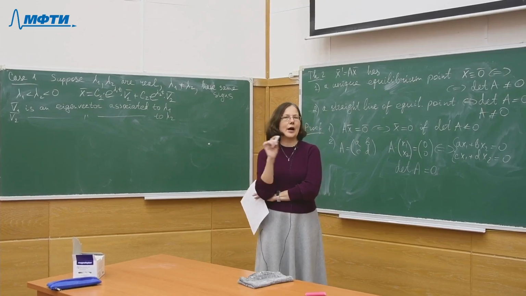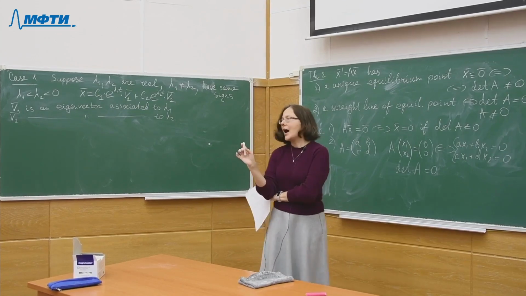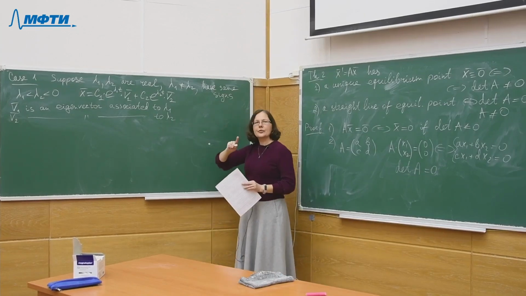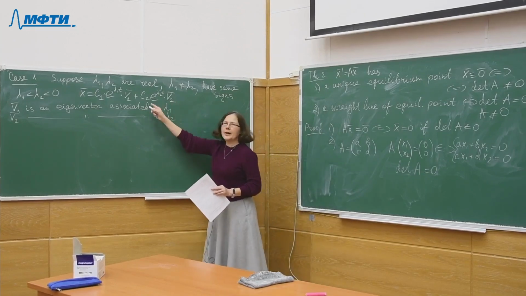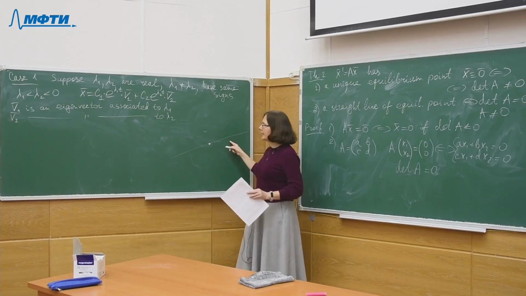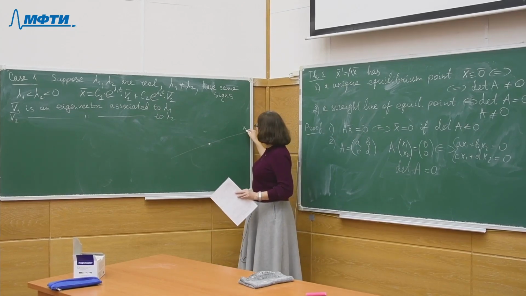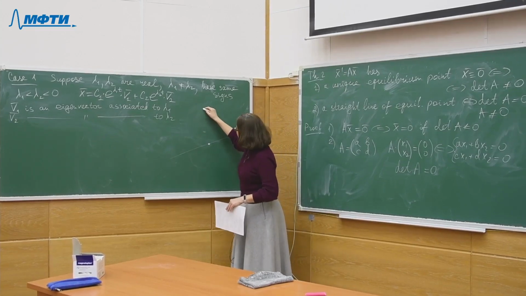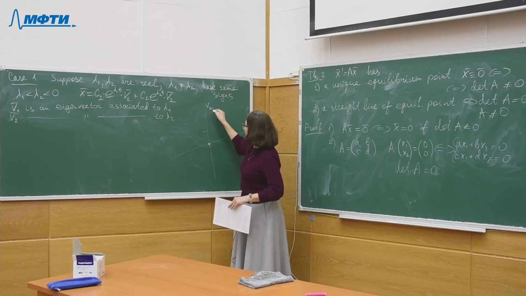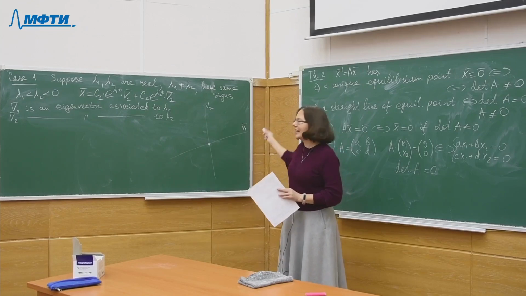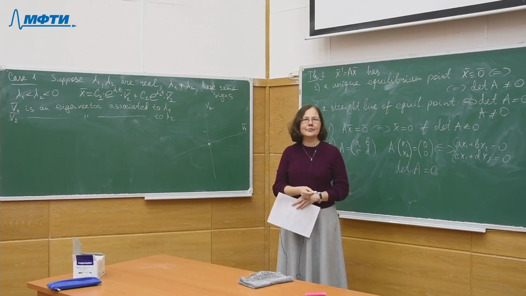I will indicate only the lines through the vectors V1 and V2. Suppose this line is determined by V1, and this line is through V2. These are not axes, but lines determined by eigenvectors.